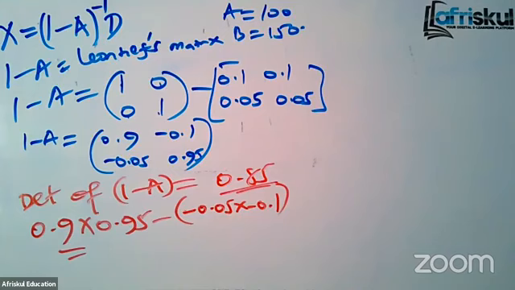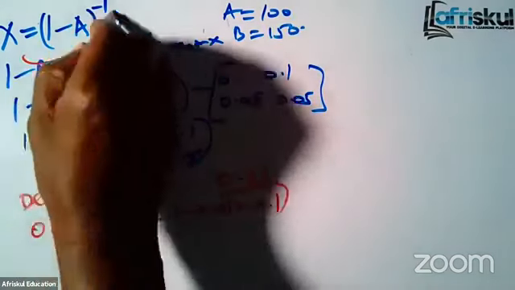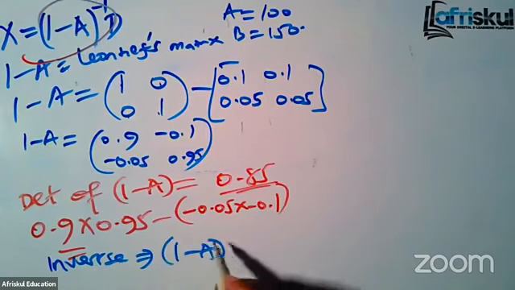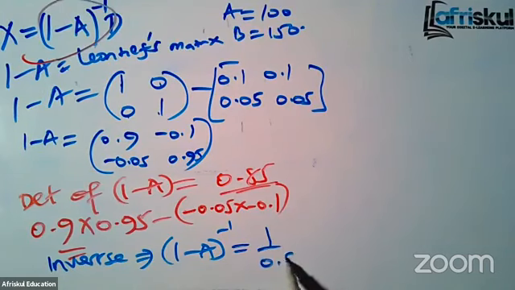Now, having gotten that, come and define the inverse as per this. Our inverse here will be I minus A raised to minus 1, which will be 1 over the determinant into what do we normally do in our brackets for a 2 by 2 matrix.